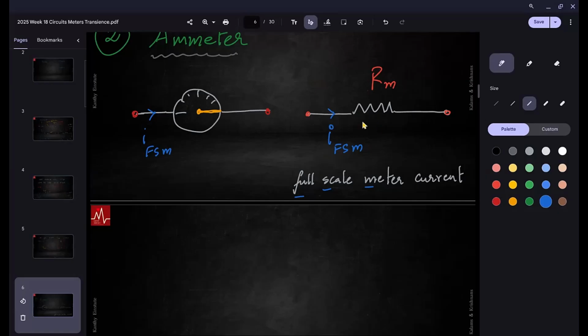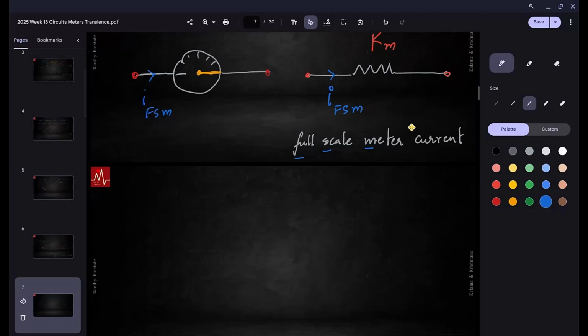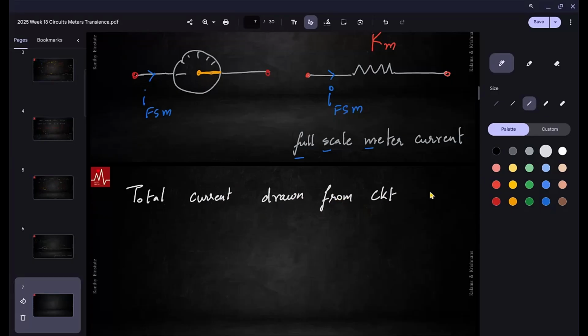You're trying to limit the current, but the total current that is drawn cannot change. That is what you're trying to measure.